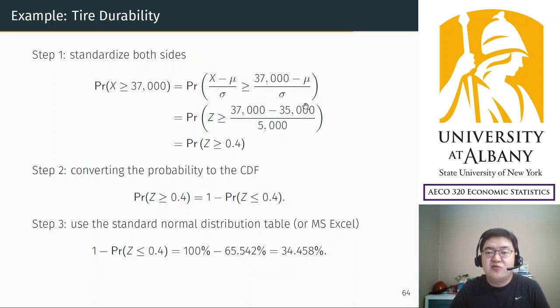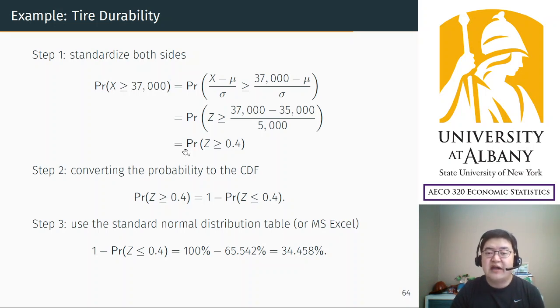And this standardization equals 0.4. So it is 0.4 standard deviations above its mean. And as I said, this probability is about the standard normal distribution, but this is not a CDF of a standard normal distribution.